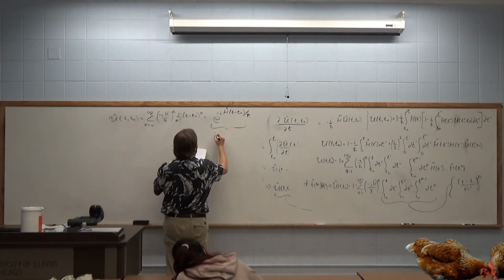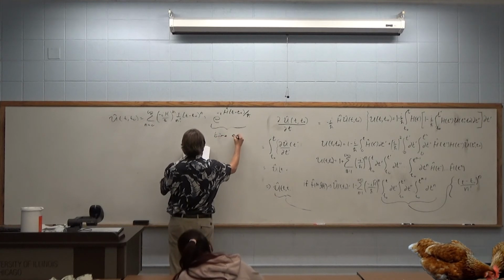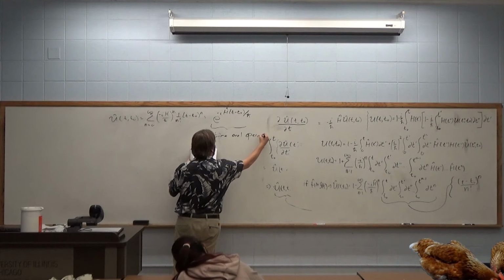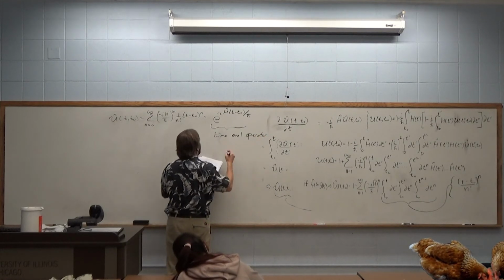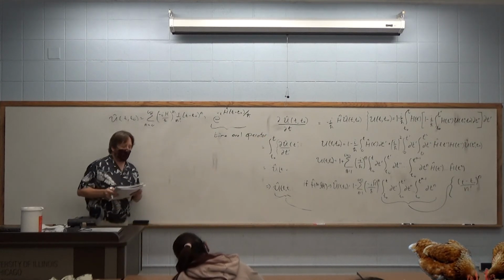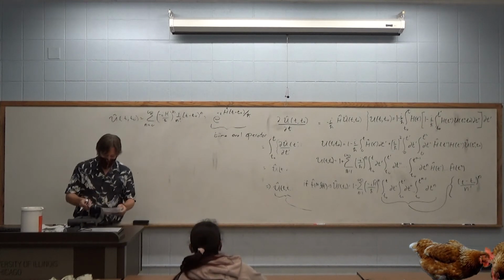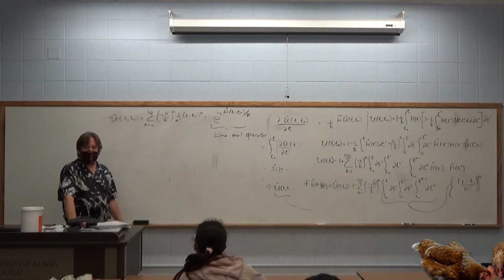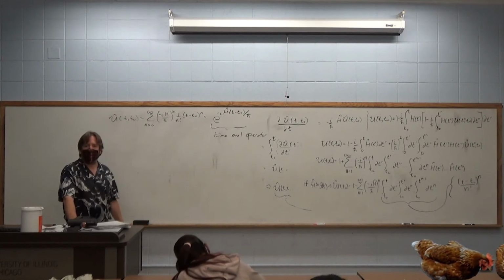This is the time evolution operator. That's it. Again, I could have just raised e to the minus i H dt over h bar to the nth power, with the limit as n goes to infinity.